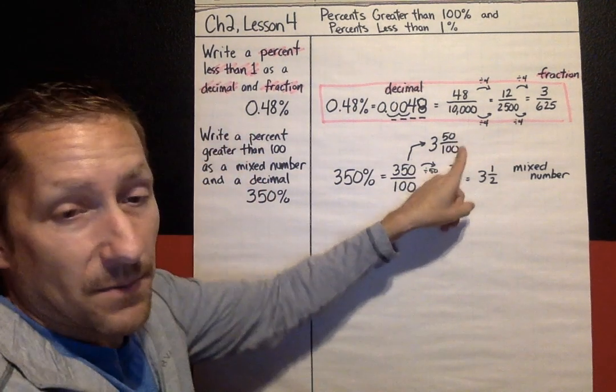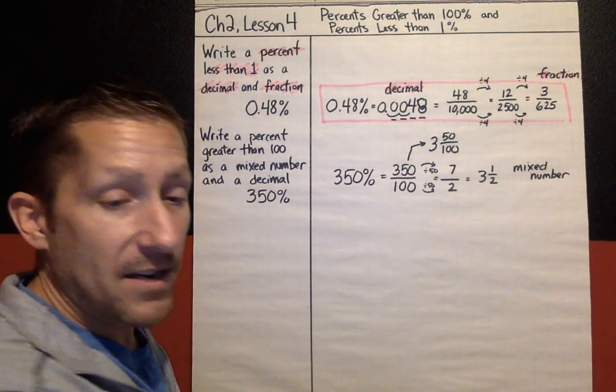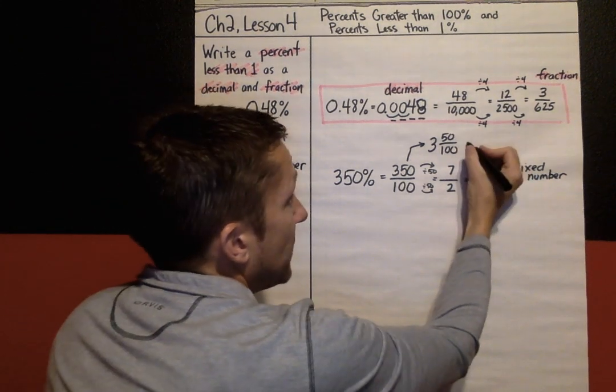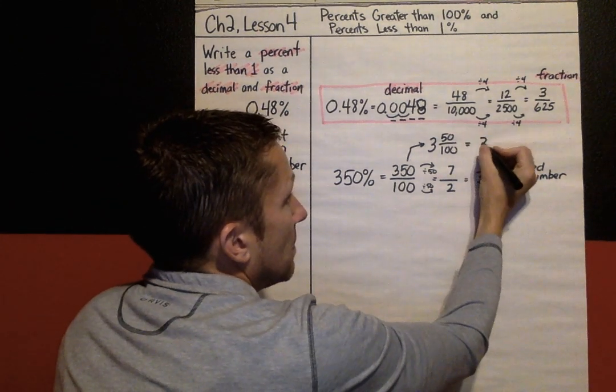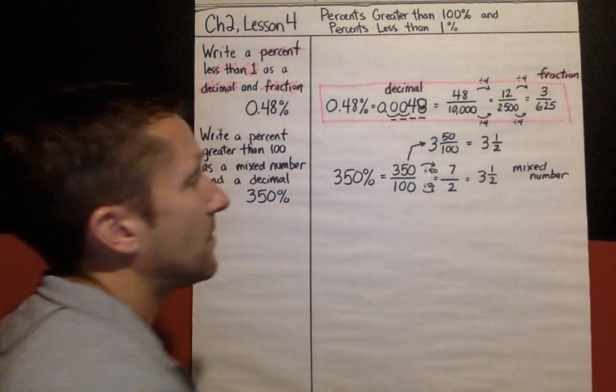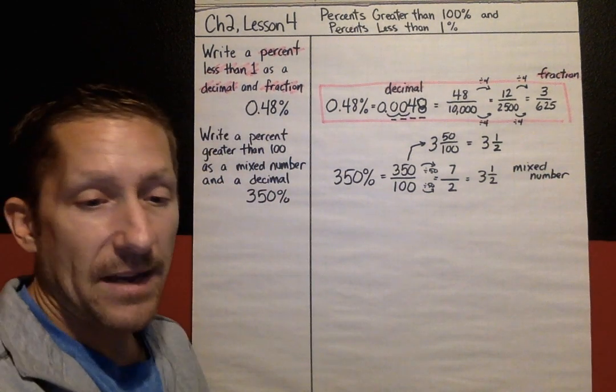Well, then I could simplify that fraction 50 hundredths into a half. Divide both of those by 50, and we would get 3 1/2. So we would get the same thing. Just a couple of different ways to get there.